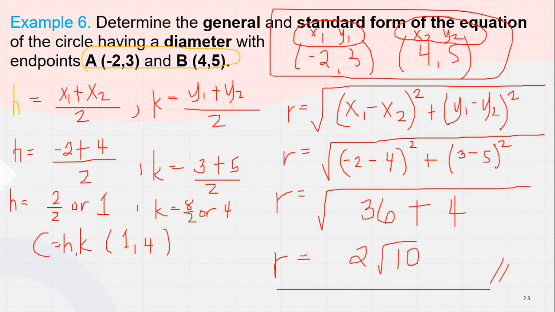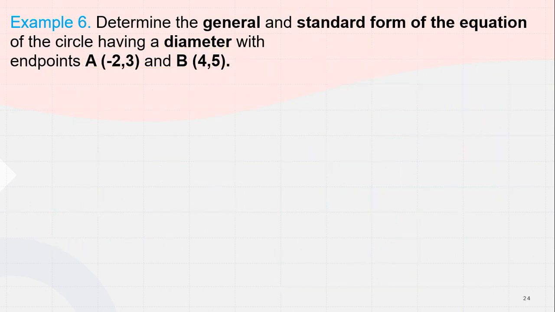Then, ang gagawin natin dito is kukunin natin yung standard form daw ng ating equation. So, since we have 1/4, so ang gagamitin natin doon yung may value na yung h and k. So, yung formula ng hk natin, isulat ko sa taas, x minus h squared plus y minus k squared is equal to r squared.